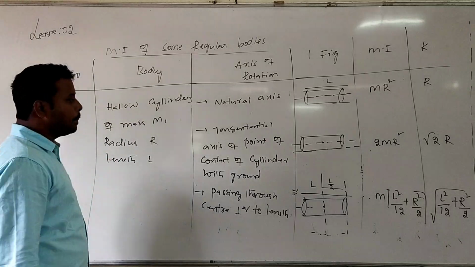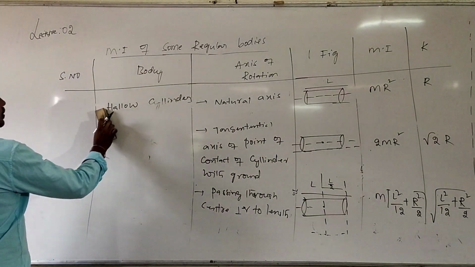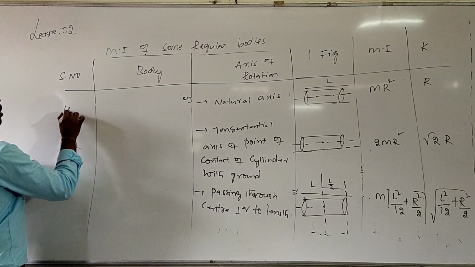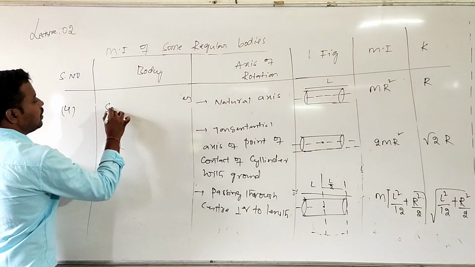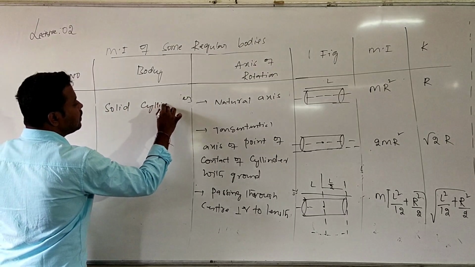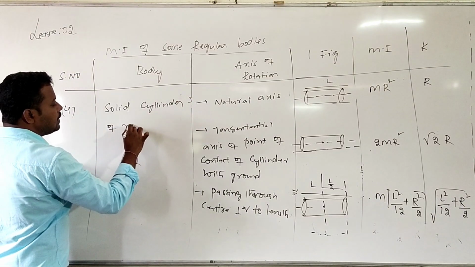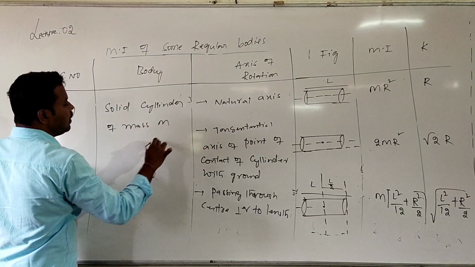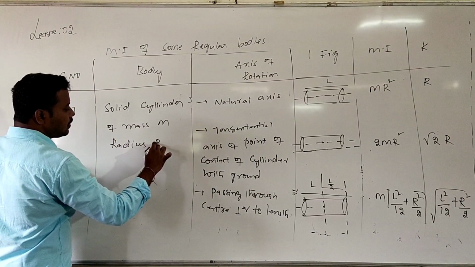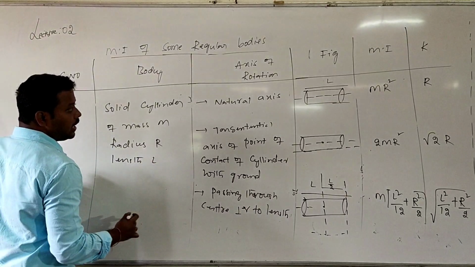Okay? Then the fourth one is a solid cylinder this time. Uniform solid cylinder of mass M, radius R, length L. Clear?